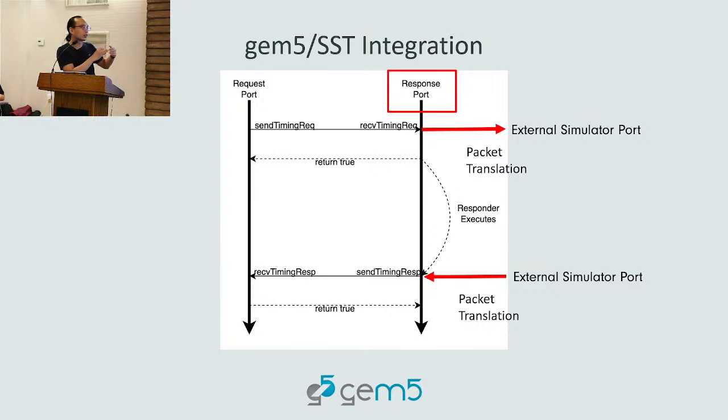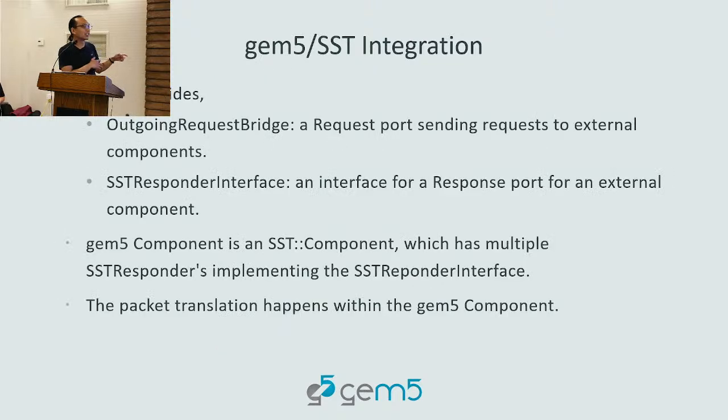So what's been going on so far is that we have the request port in gem5, but something in the external simulator must understand about the response port. For this gem5 and SST case, I found that it's easier to implement it by extending the response port to something called an outgoing request bridge.